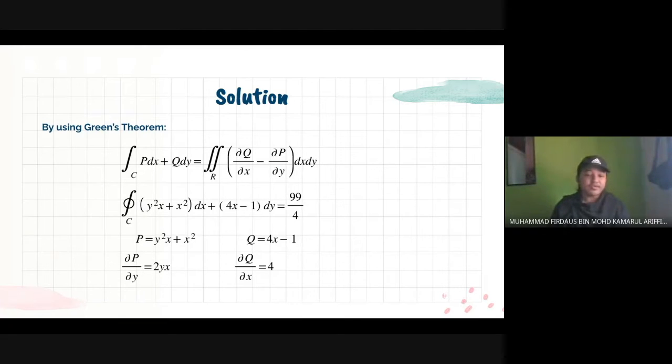Then we differentiate 4x minus 1 with respect to x. We got 4. So we got the values of dP/dy and dQ/dx. From the values given, we substitute them into the Green's theorem equation.